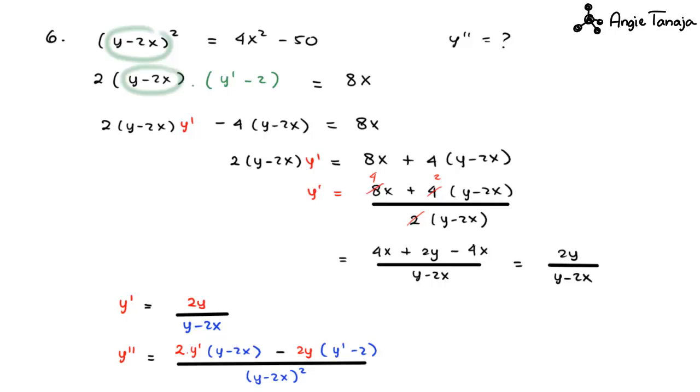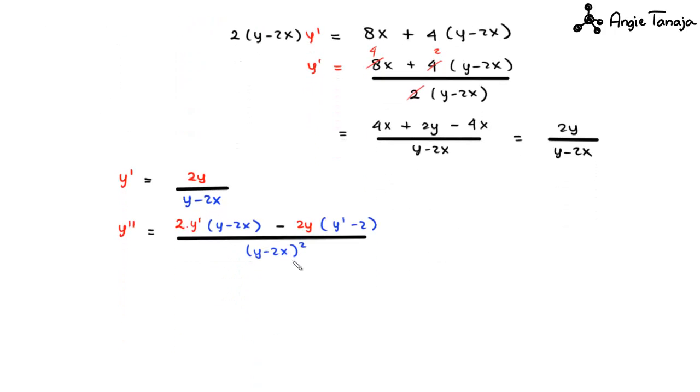Okay, and then we can substitute our y prime by using this, because it is also y prime. So then it becomes 2 times bracket 2y over y minus 2x times with y minus 2x minus 2y, in the bracket you have another y prime, right?